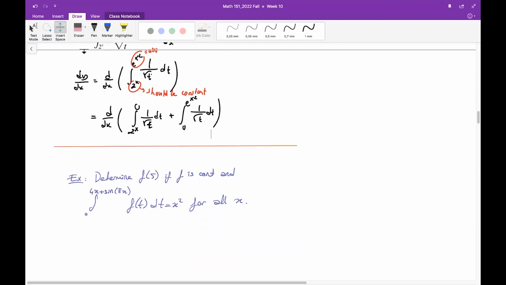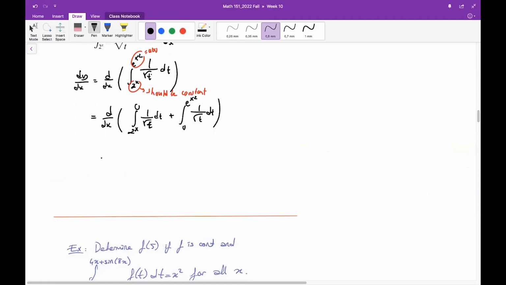And then you can distribute the derivative over the sums. So it is the derivative of the first expression and then the derivative of the second expression, of course, e to the power x squared, square root t dt.